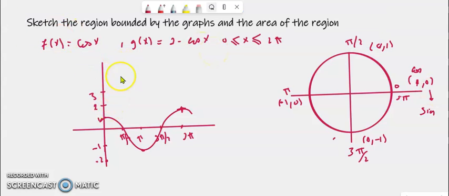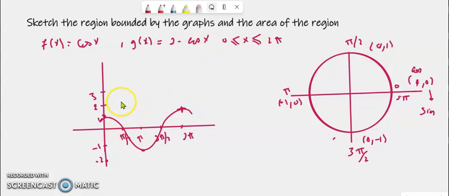Let's graph the second one, which is 2 minus cosine x. What is the value of 2 minus cosine x? At 0, cosine x is 1, and 2 minus 1 is 1, so that's my first point here. At pi over 2, cosine is 0, so 2 minus 0 is 2.